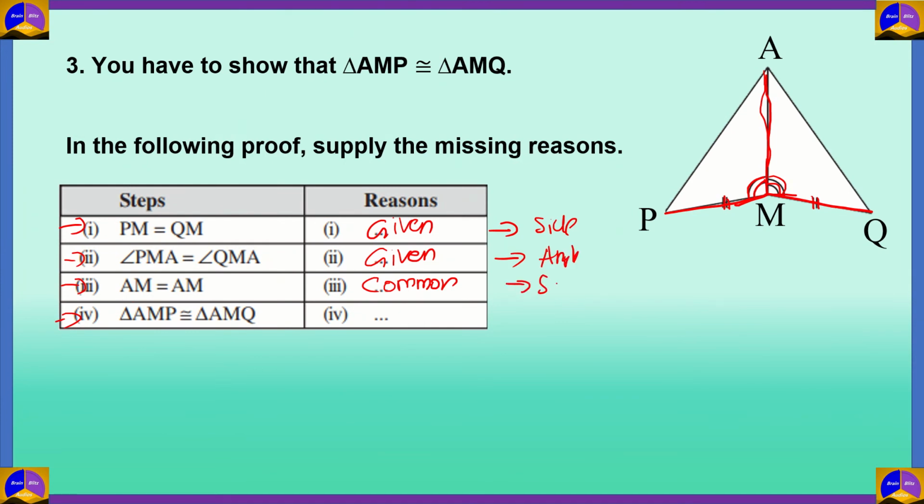Third one is also a side, and the angle is between the sides. So that means that using the three steps, we can say triangle AMP is congruent to triangle AMQ using the SAS congruency criteria.